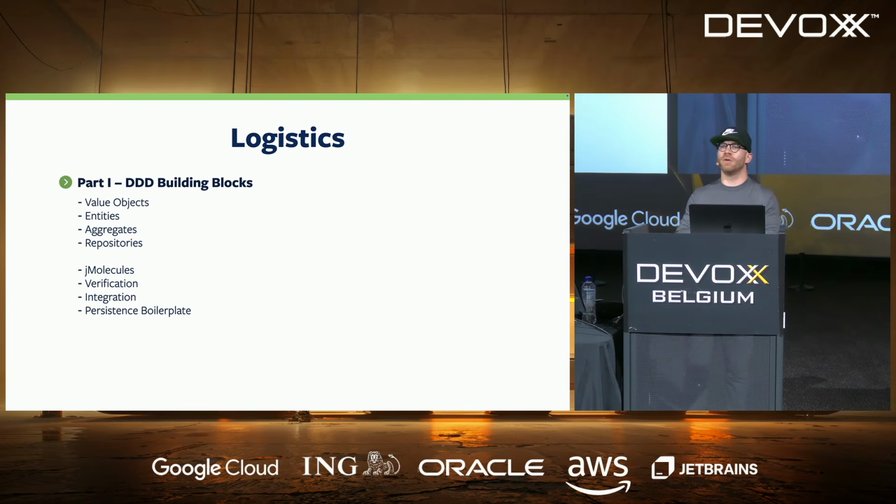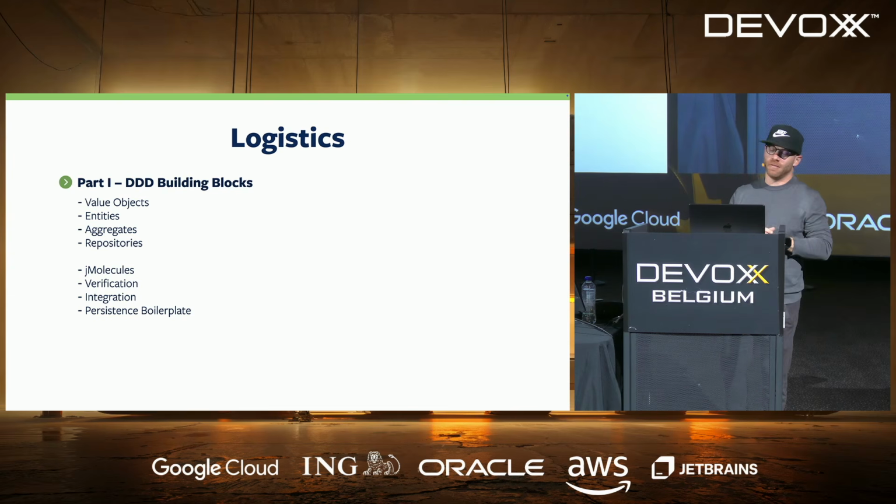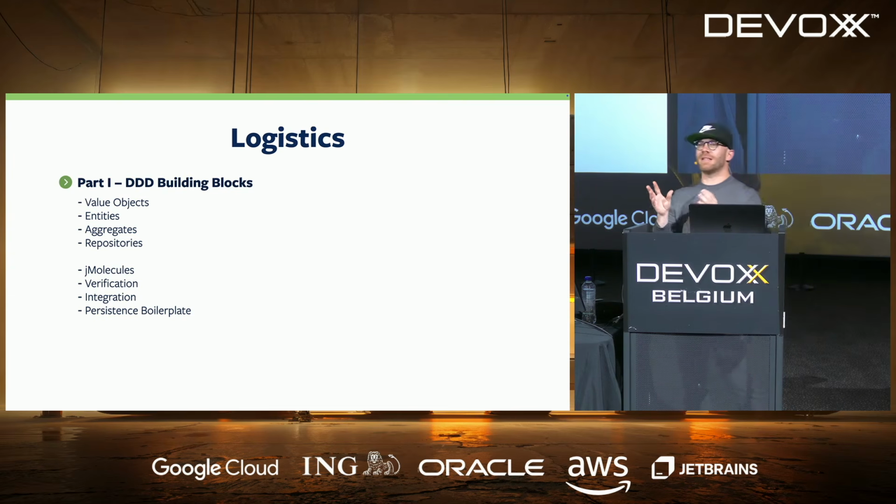I'm not going to do a DDD introduction and tell you what the characteristics of entities are versus value objects and whatnot. I hope that you have at least a vague idea of that. To be completely honest, it's not necessary to be a DDD expert of any kind to follow this talk.